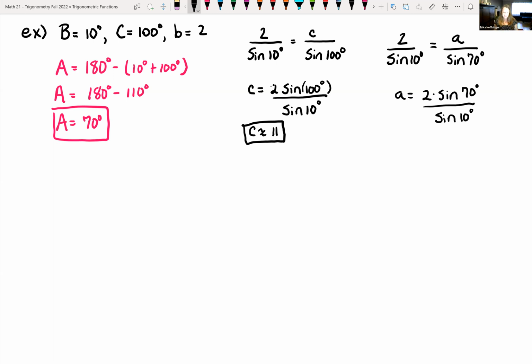So plugging that into the calculator, 2 times sine of 70 degrees divided by sine of 10 degrees, we get that this is approximately 10.8. So I'm going to just round it, and I get that side A is approximately 11.